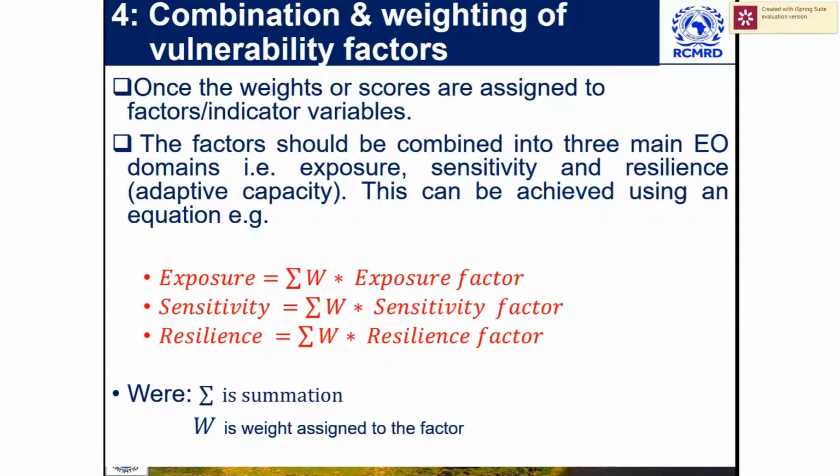Now, the fourth stage is performing a combination and weighting of these vulnerability factors. Once the weights or scores have been assigned to these factors, remember, this is done by the experts and the stakeholders.